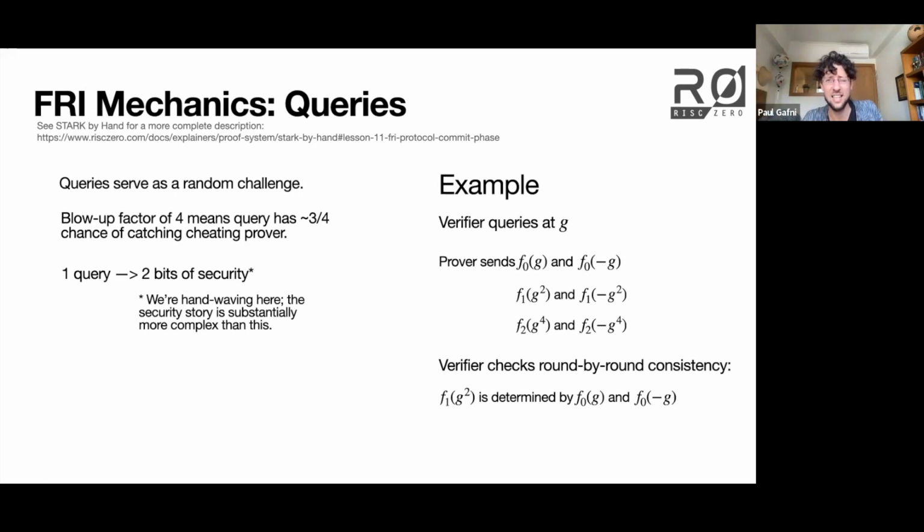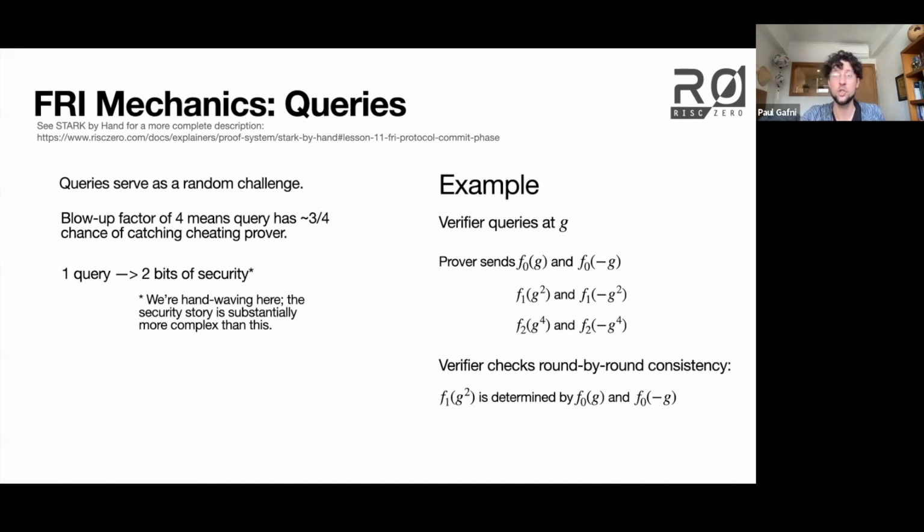So this is the kind of key point here, is that this splitting and mixing technique can be described locally. You don't actually need to know all the coefficients or all the evaluations in order to be able to check in a local sense that this was done faithfully.